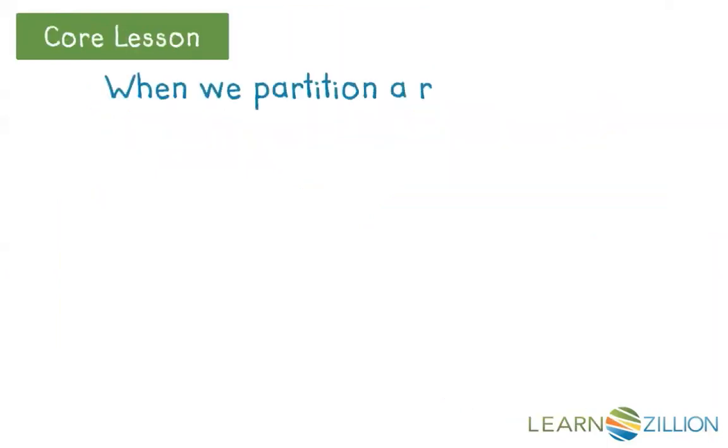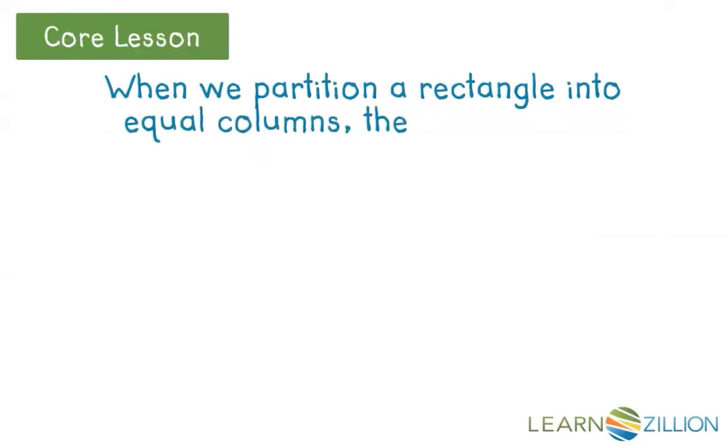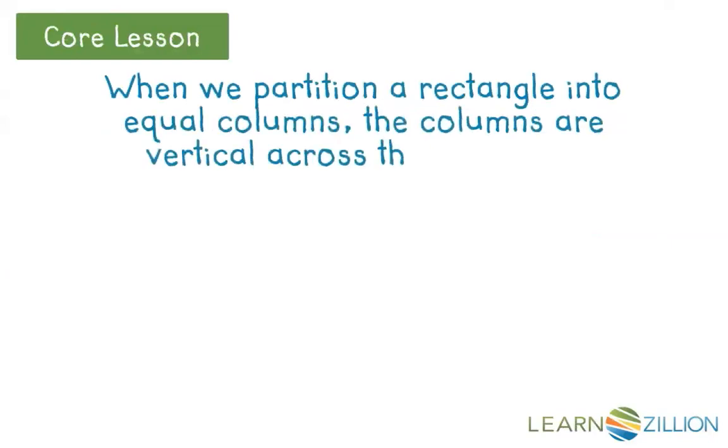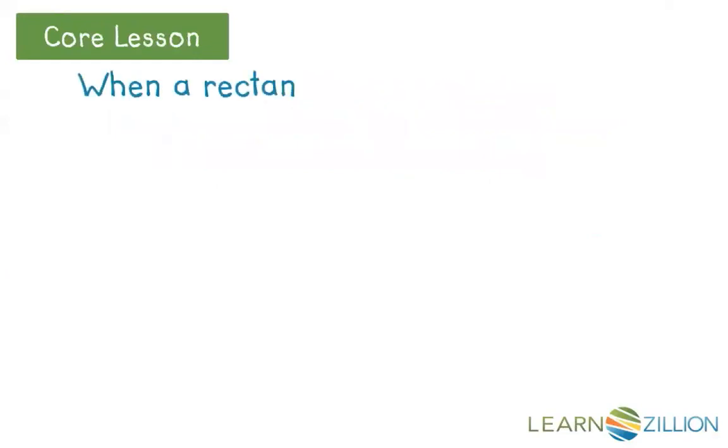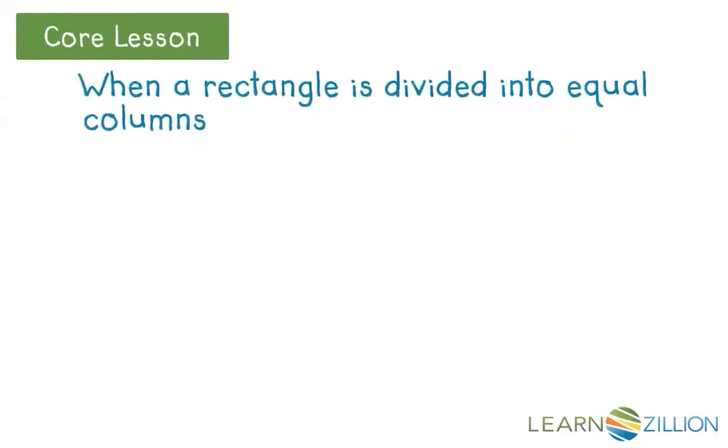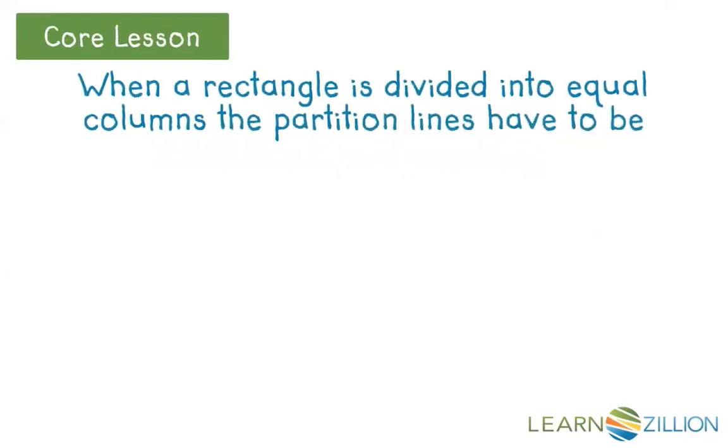When we partition a rectangle into equal columns, the columns are vertical across the rectangle. Vertical is up and down. When a rectangle is divided into equal columns, the partition lines have to be equally spaced. Let's think about what equally spaced means.